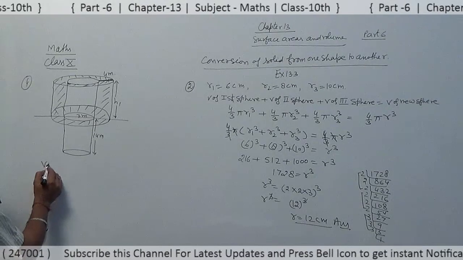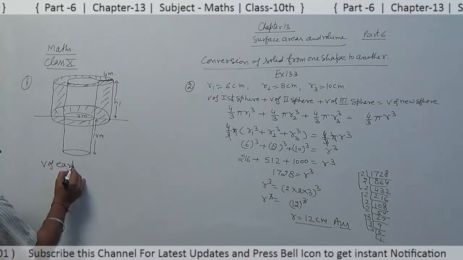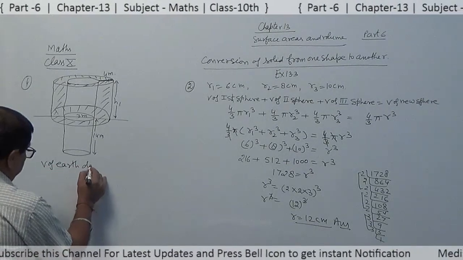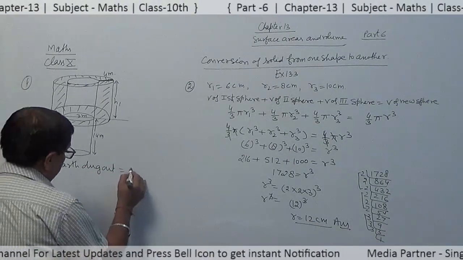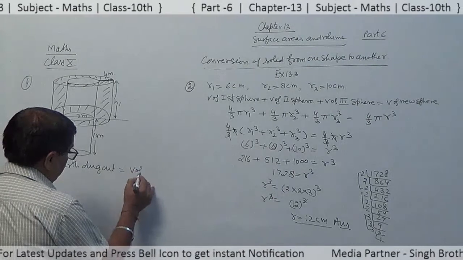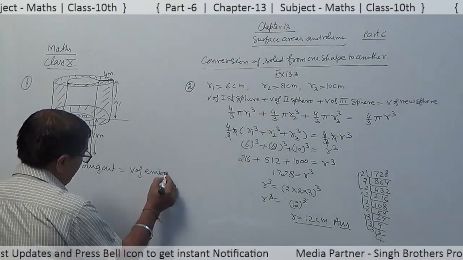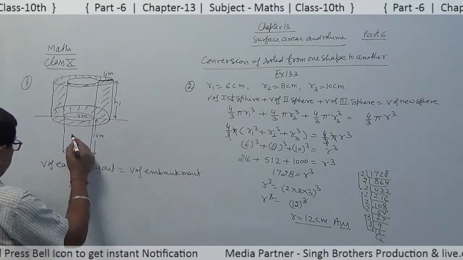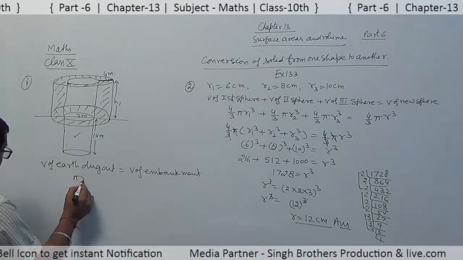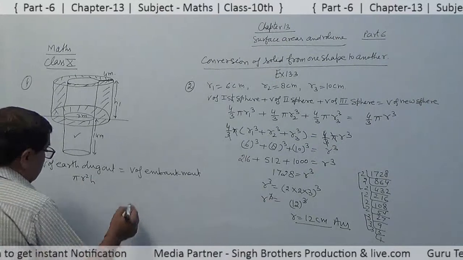So volume of earth dug out is equal to volume of embankment. The well is in the shape of a cylinder, pi r square h.